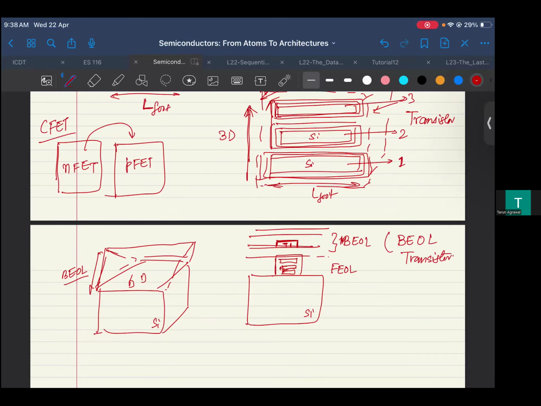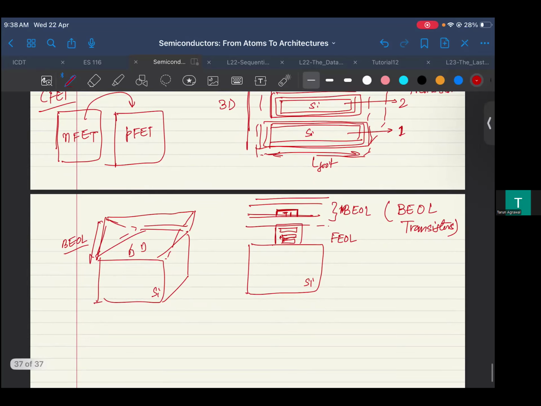Can I fabricate there and get some added benefits from that? There are many technologies people are evaluating, like oxides such as IGZO, which come from display technology. Those amorphous oxides are being evaluated for this kind of application, so that opens up the space of the back end of line.